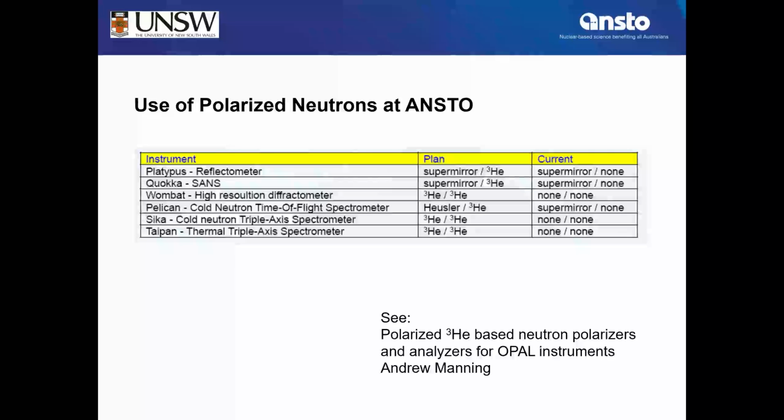So all three techniques, magnetic supermirrors, magnetic Heusler crystals, or helium-3 polarizers, are used at ANSTO. As said, this is an old list. Andrew certainly has an updated list for that.